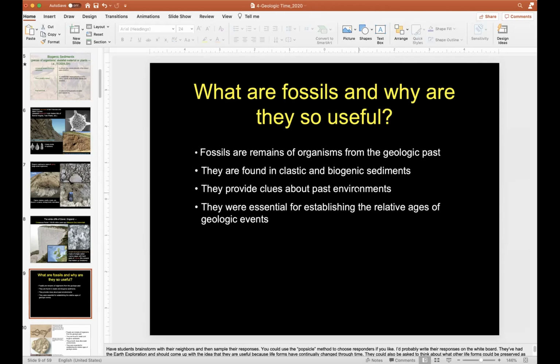So not only are they useful, the next one being useful for relative age dating. Remember, they don't give you an exact age unless you get really lucky with a particular fossil that's really well known and has an absolute age that's been established for it. These are all relative ages.